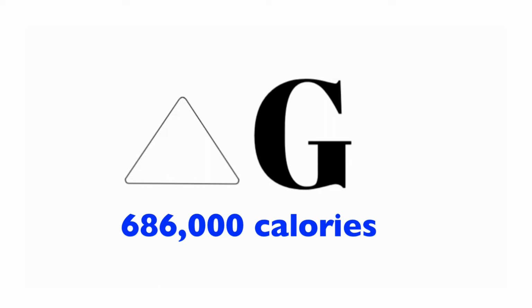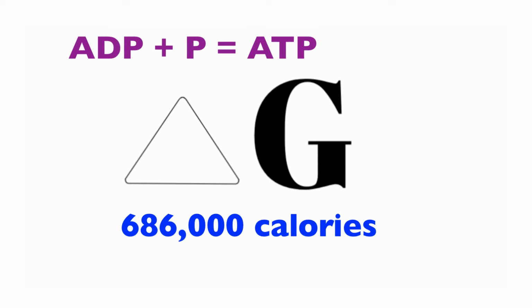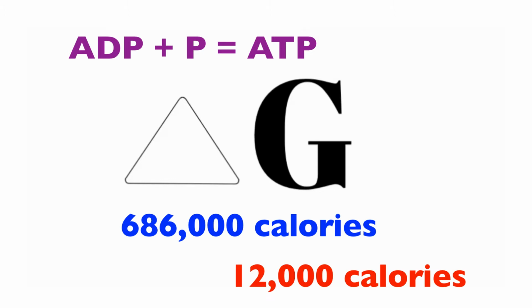Keep in mind, the whole goal of cellular respiration is to produce ATP. ATP is produced by coupling a phosphate to ADP. Adenosine diphosphate plus a phosphate gives us adenosine triphosphate. To couple that one phosphate to ADP only requires 12,000 calories of energy.